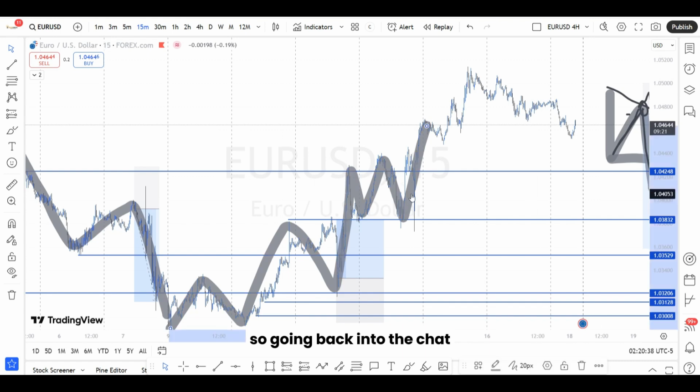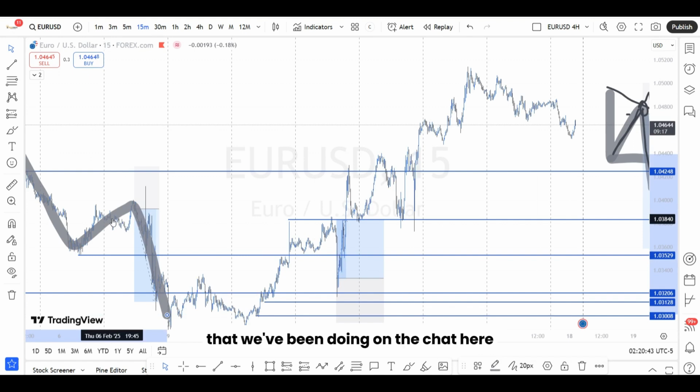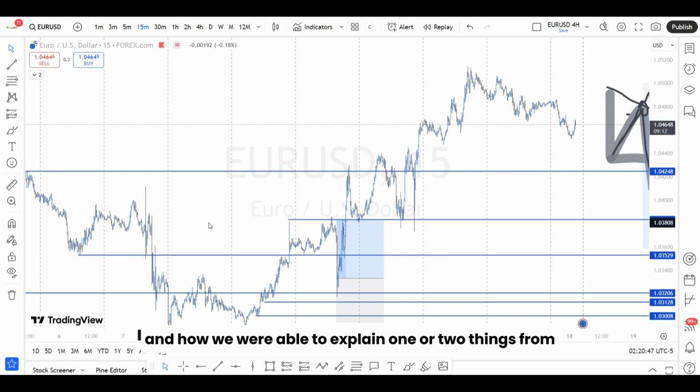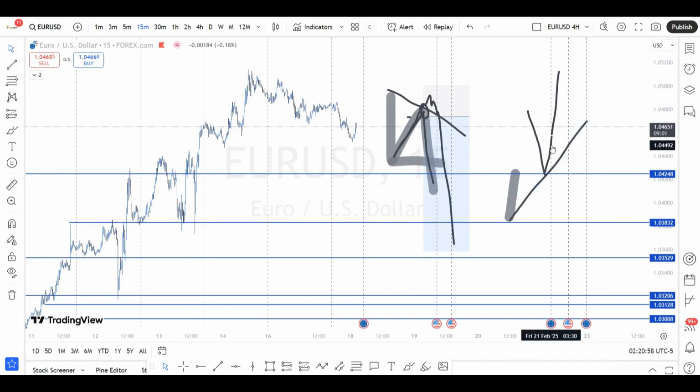So going back into the chart, we can see all our previous explanations that we've been doing on the chart here, and how we were able to explain one or two things from our previous classes. This is all the explanation of stop orders and the likes.